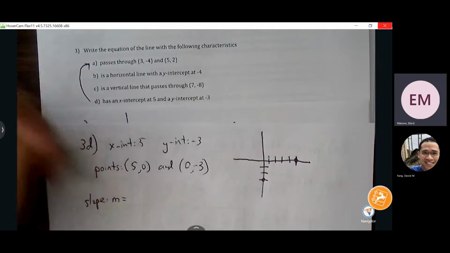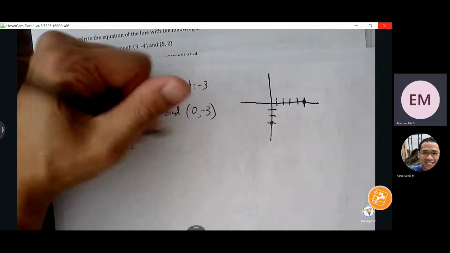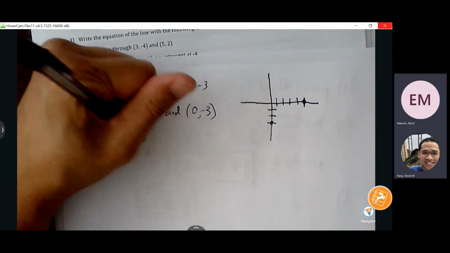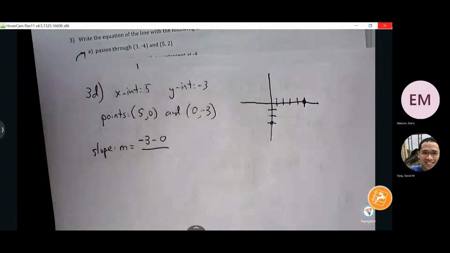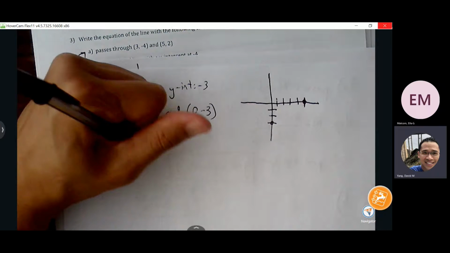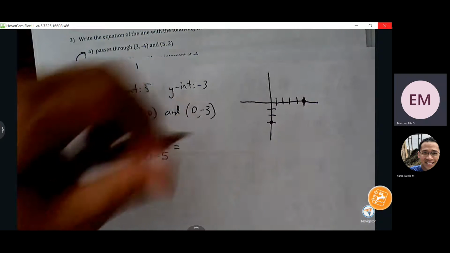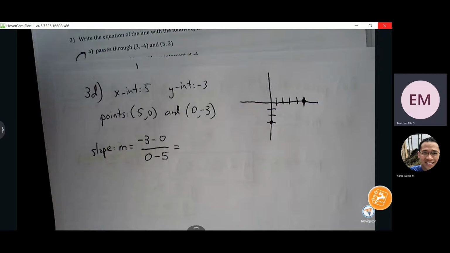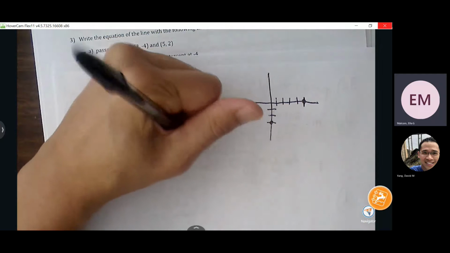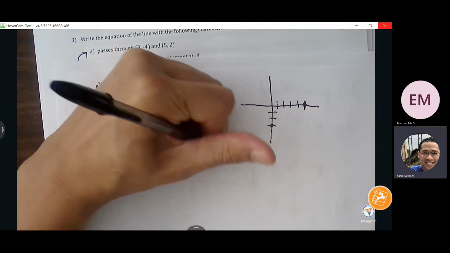That's going to be -3 minus 0, change in y, over 0 minus 5. So that's going to equal -3 over -5, so 3 over 5. Yeah, that's my slope.